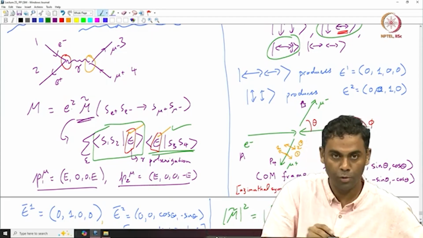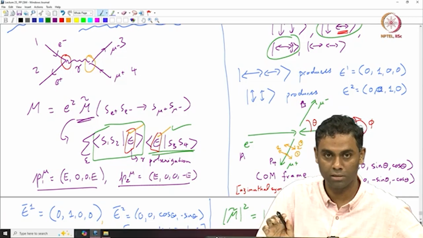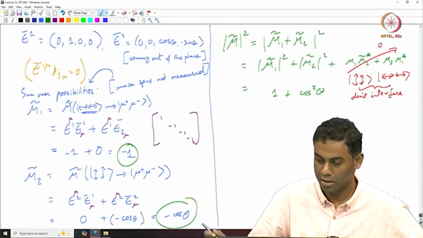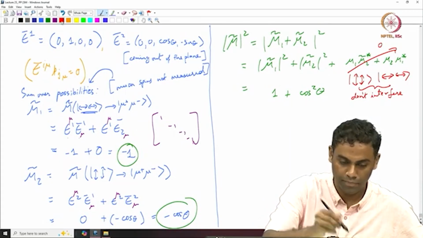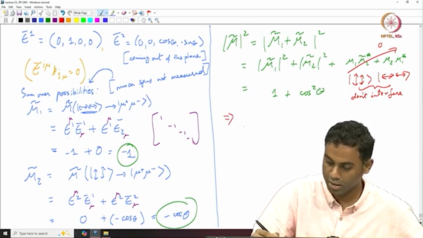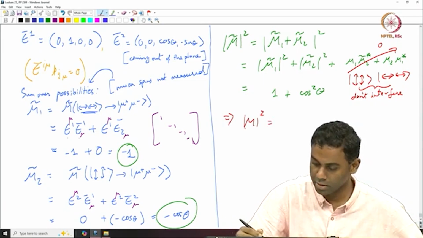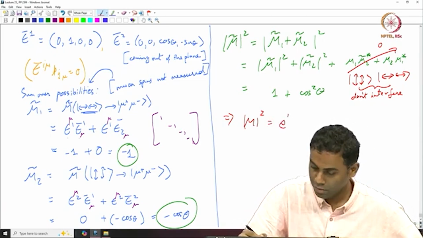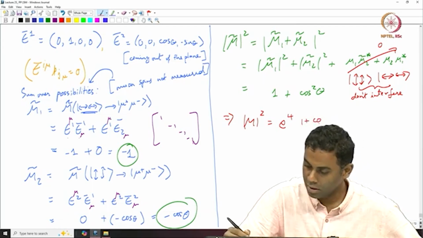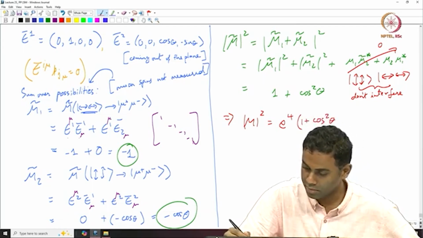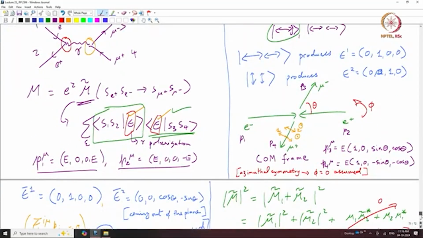That was e squared, we pulled out the coupling, times this M tilde in terms of helicity states. So the actual M squared is e to the power 4 times 1 plus cos squared theta. In the M we pulled out an e squared, so in the M squared we have an e to the power 4. That's it.